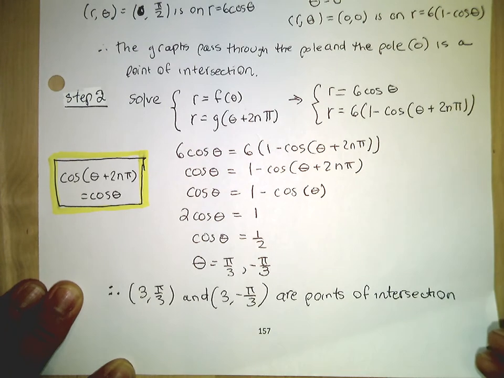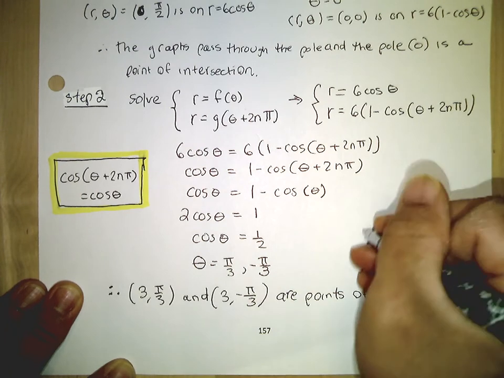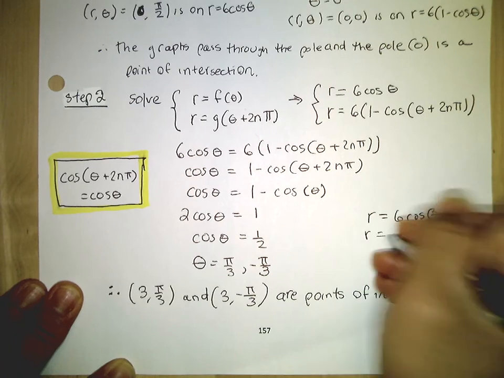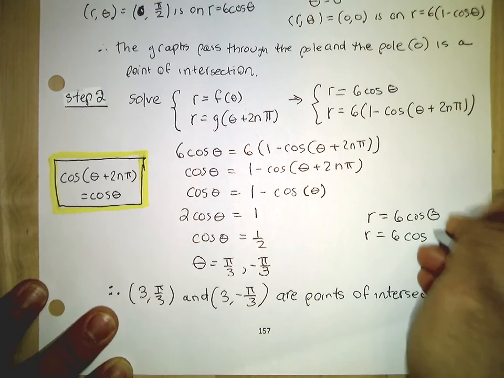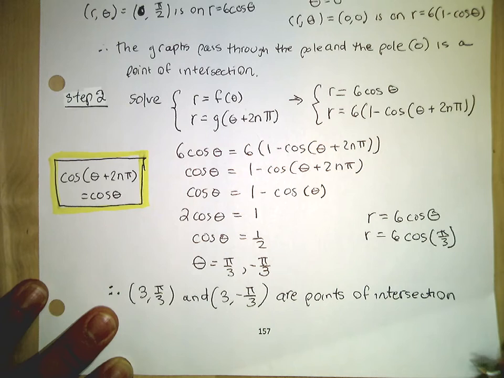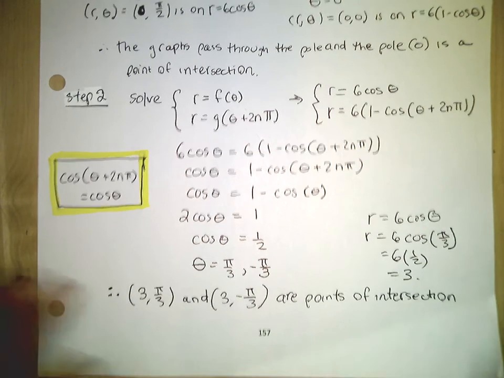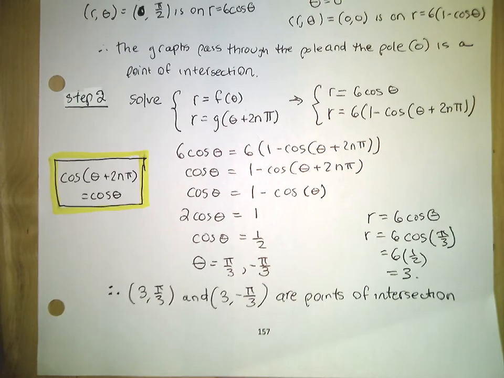And as a reminder, how did I get what r was? Well, r was 6 cosine of theta, right? So that will be 6 cosine of pi over 3, and that will be 6 times a half, which is 3. All right, what a time to be alive.